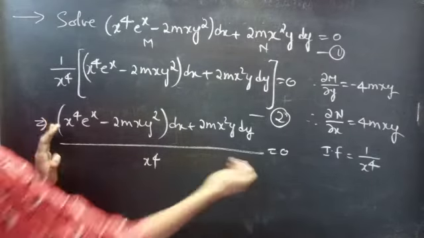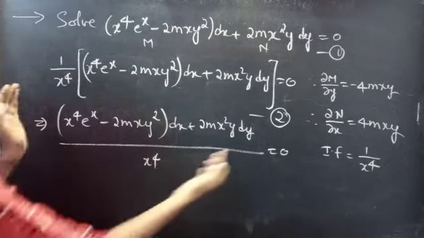If you consider the LHS part, you have two terms in the numerator and one term in the denominator, so we can split this into two terms.